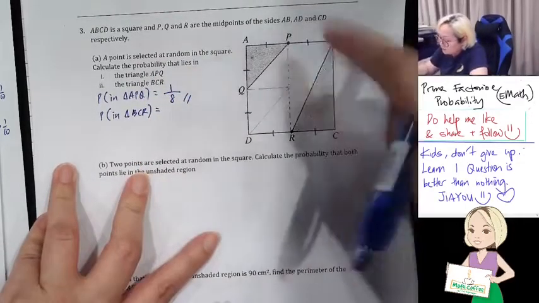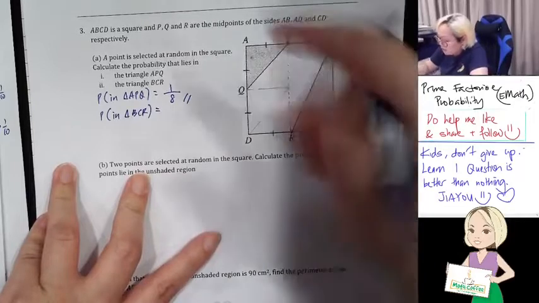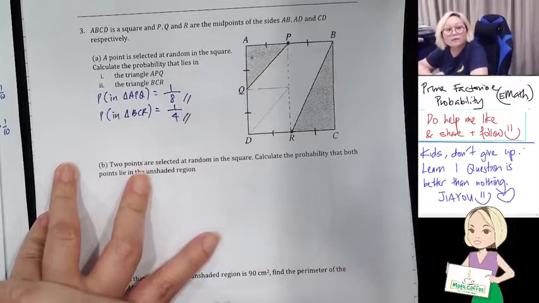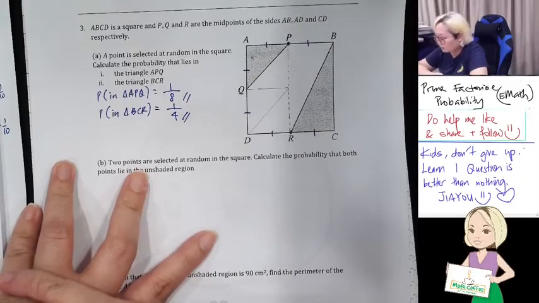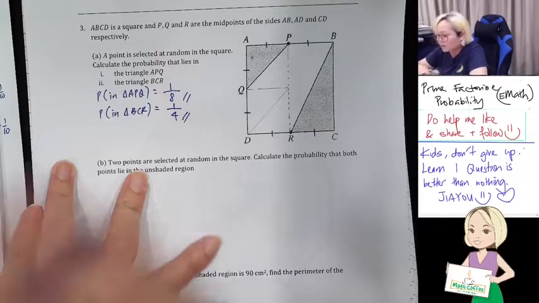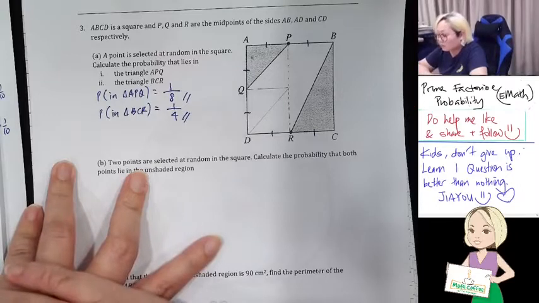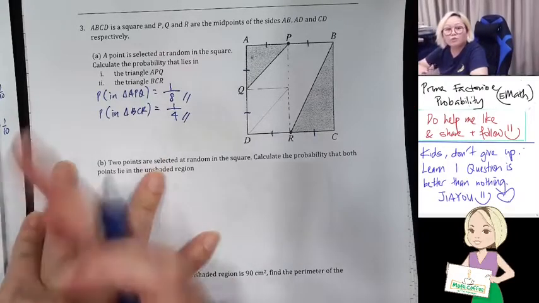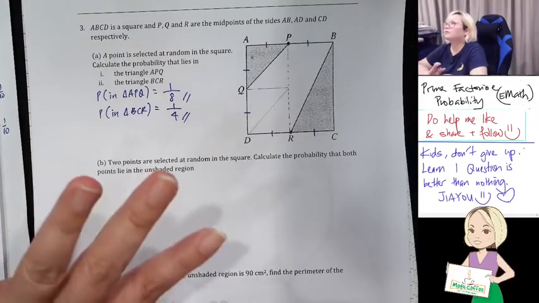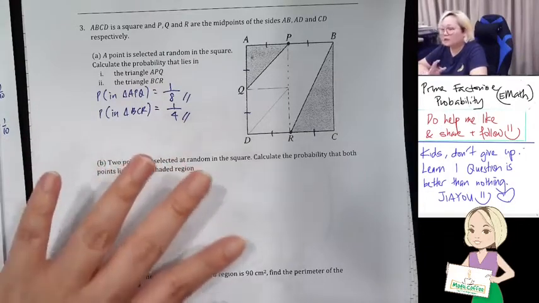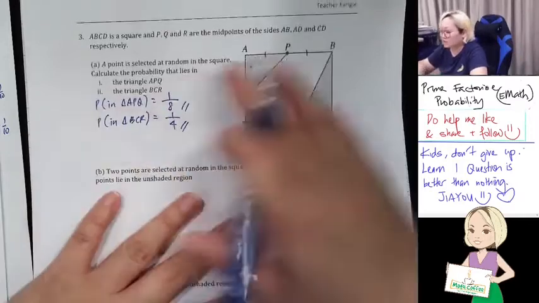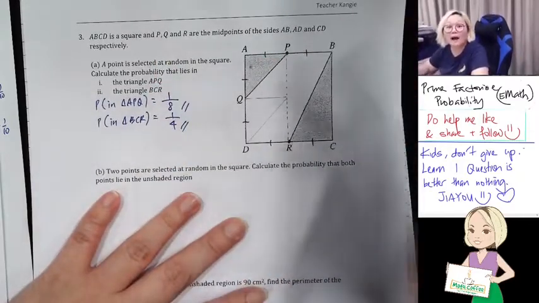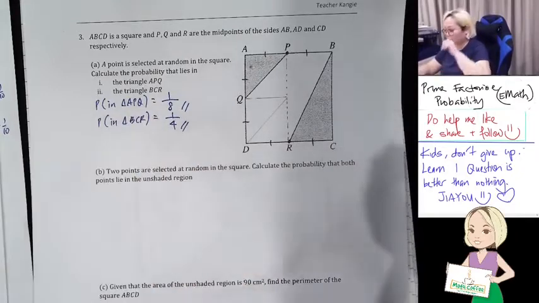Yes, well done, we have 4, so it's 1 out of 4. So you see, I never do any angles and I don't need any numbers. The crucial thing is you know that it's a square, and they say they are midpoints, so we can cut them into equal parts. Okay?